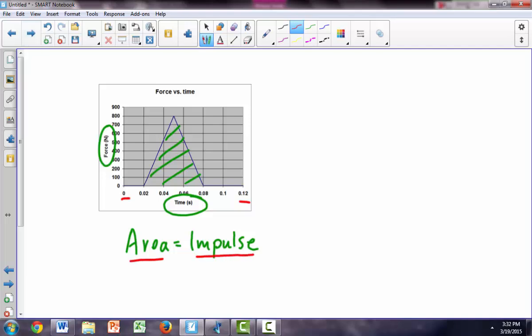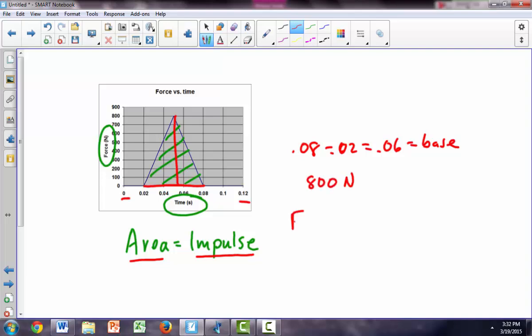And you've got force versus time. It's a triangle shape. You know the base is 0.06 seconds, sorry. The height is 800 newtons.